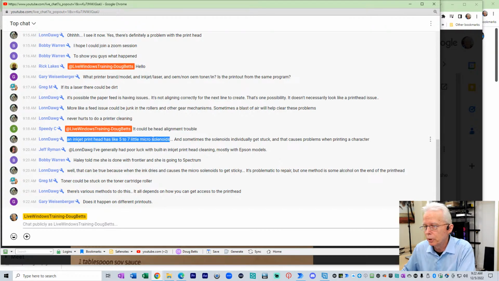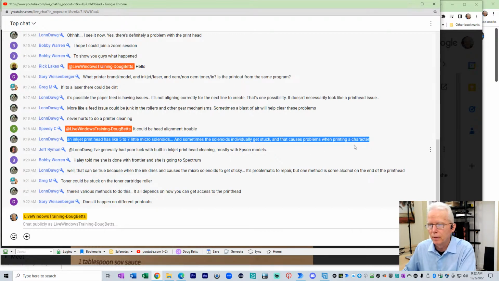And the inkjet print head has like 5 to 7 little micro solenoids. Sometimes the solenoids individually get stuck, causes a problem when printing a character. An inkjet doesn't print a character like a typewriter would have a key with a particular character. I'm pretty sure you understand this, Lawn Dog. It has all these little dots, and those dots print across the row.